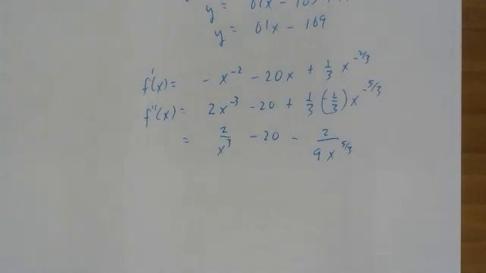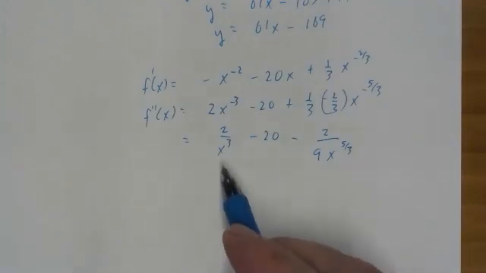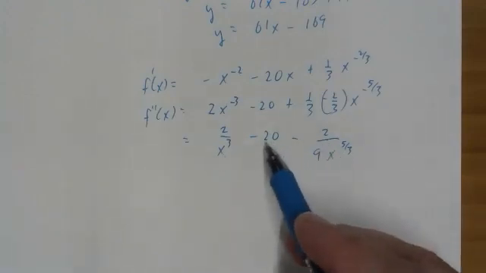So that one was a little messier. So that was 3b: 2 over x cubed minus 20.